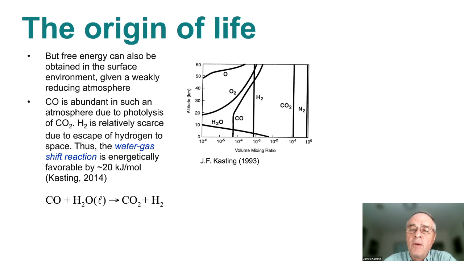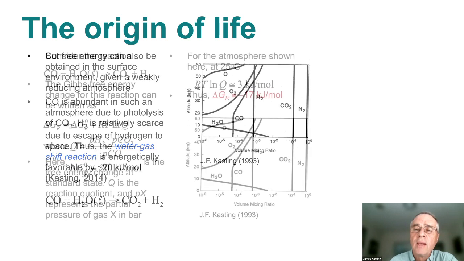When you recombine CO with H2O to make CO2 and H2, that reaction is downhill thermodynamically. Under standard state conditions at 25 degrees C and 1 bar pressure for all of the gaseous constituents, you get about 20 kilojoules per mole from that reaction.